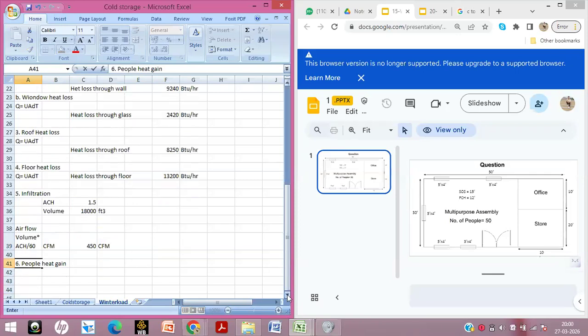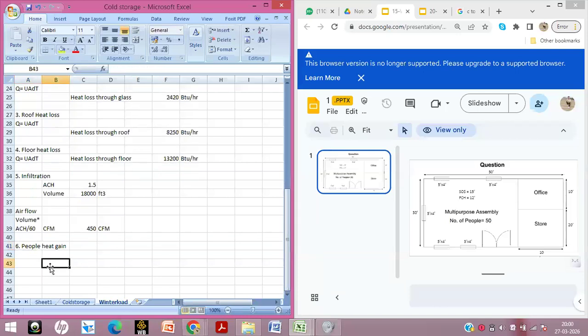That will be as per the standard. As per the standard, we know the heat per person will be 250 BTU per hour per person. Let's consider 250 BTU per hour per person here itself.